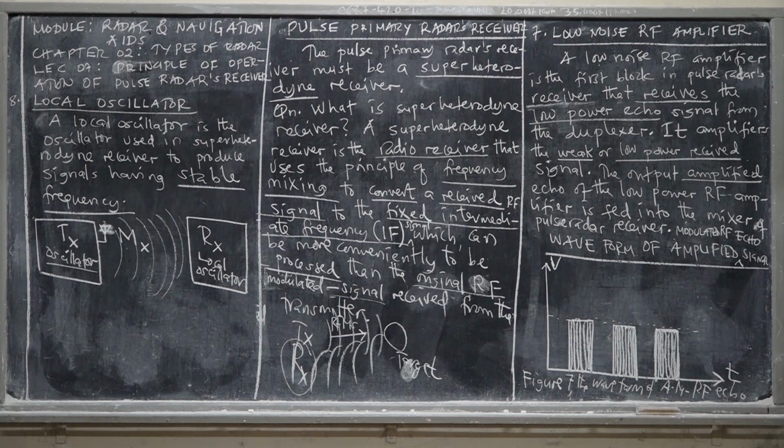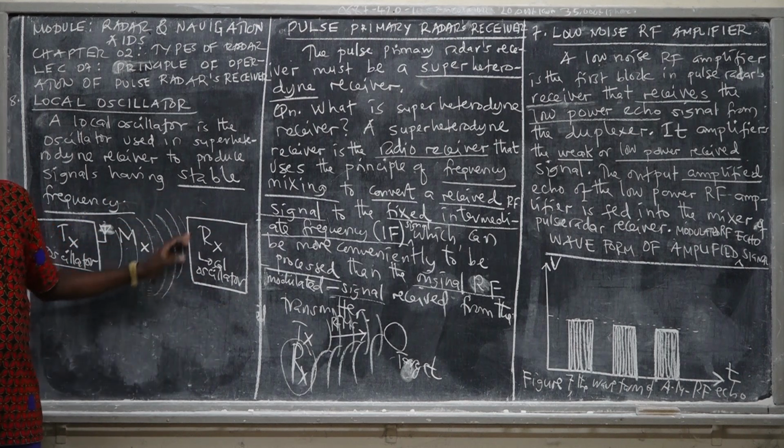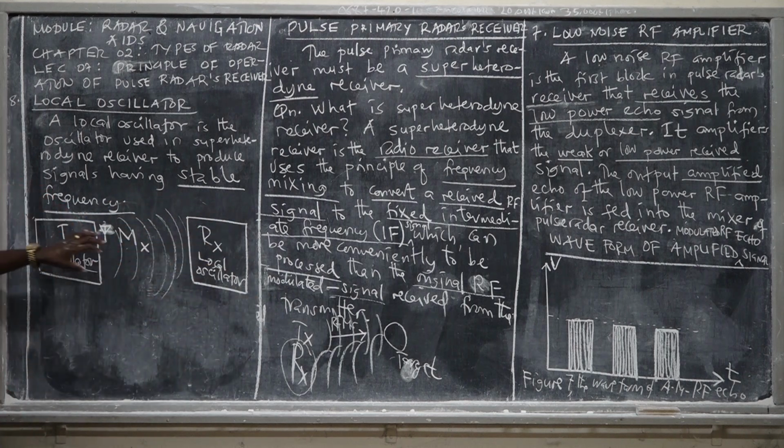The oscillator that we have in the transmitter is not a local oscillator, because what it generates will leave the transmitter, be propagated into the medium, and later be received by the receiver. So that's why we don't call it a local oscillator.